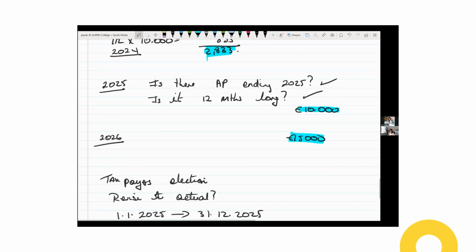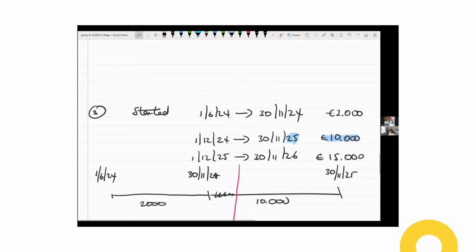So I need to go back up here. So beginning of, so I need 11 months of that, and I need 1 month of the following year.